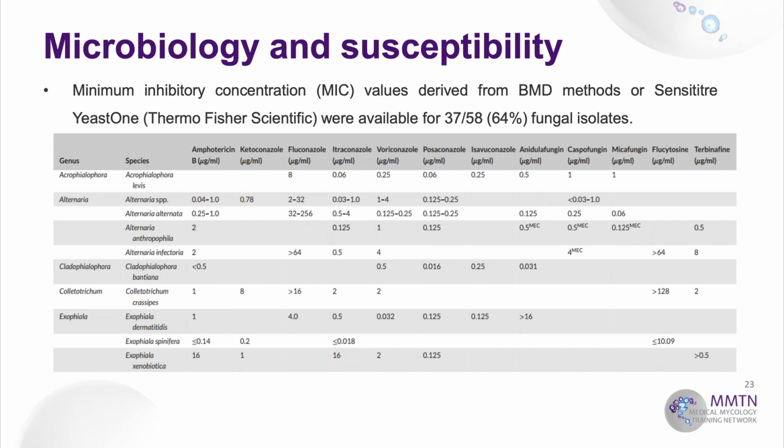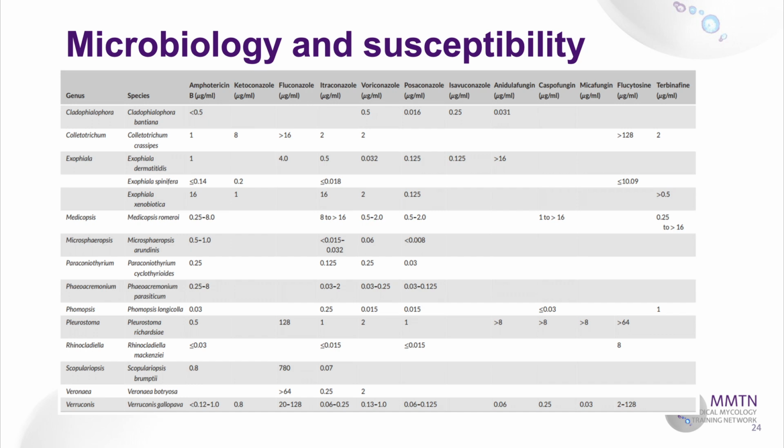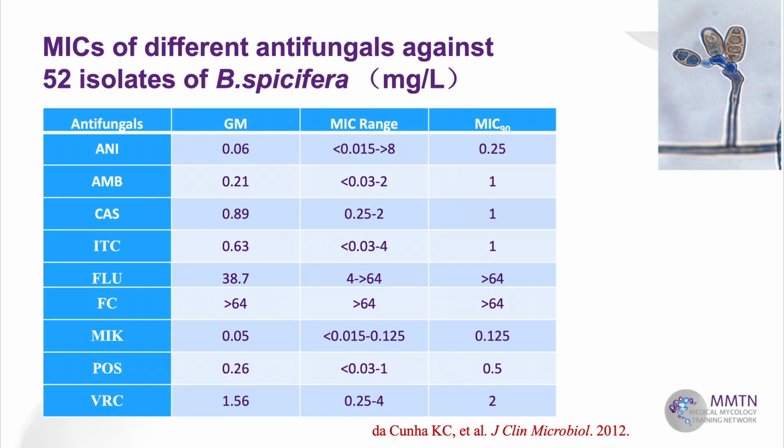Anyway, generally speaking, most of the isolates were susceptible to the triazoles and amphotericin B, but not fluconazole, not flucytosine, and some of them are susceptible to the echinocandins. Here is the continuation of the MICs. Okay, we can go deeper into the genera and species.